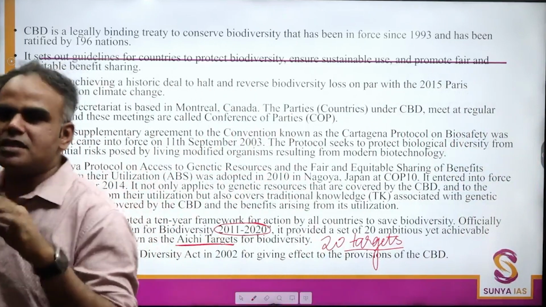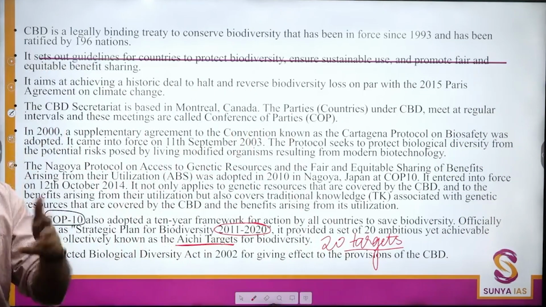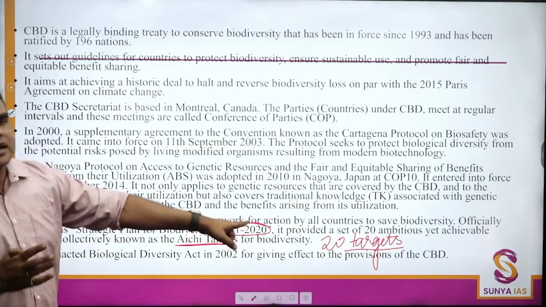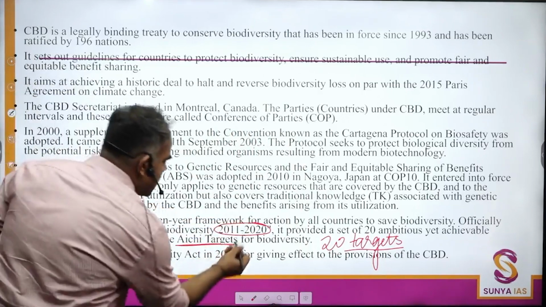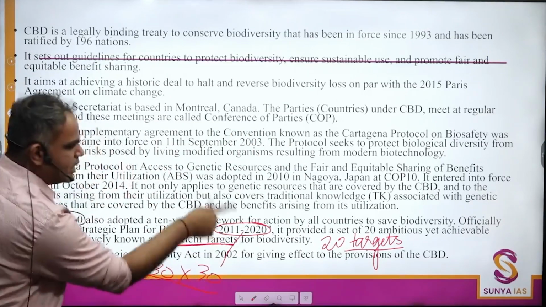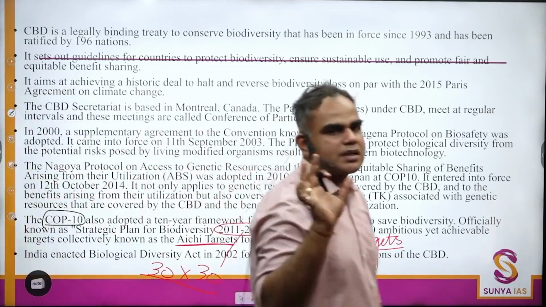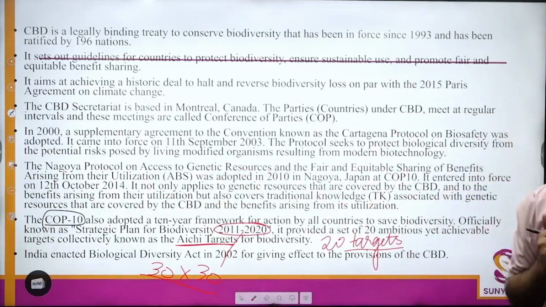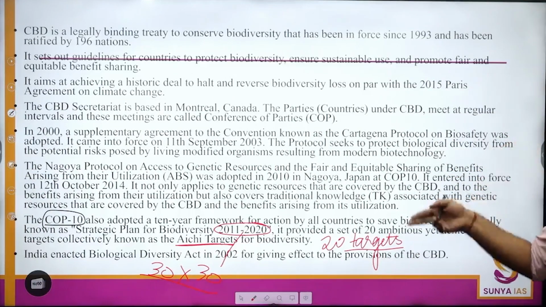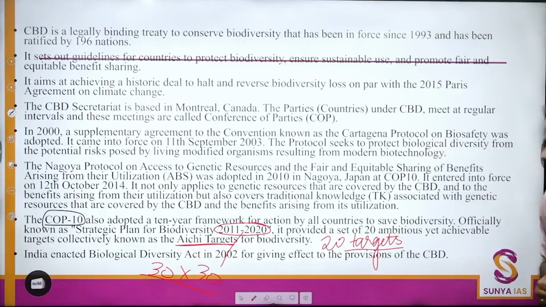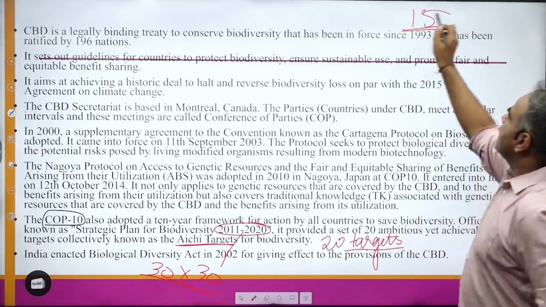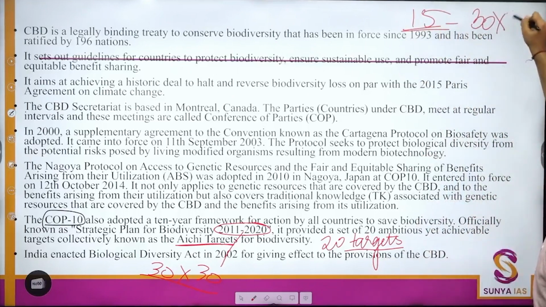If they write a statement that Aichi targets were successfully achieved, it was not achieved. After this again we had COVID, and now we have something known as 30 by 30. Initially 20 by 20 was Aichi targets. Aichi is also a place in Japan, and these 20 targets were not completed. And for this COP 10, we now know that in COP 15 we are talking of 30 by 30.